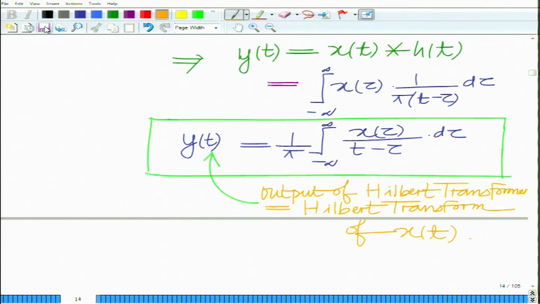Okay. This is basically the Hilbert transform of x of t. All right. So, we have looked at a few more interesting problems. We will stop this module here and continue with other aspects in the subsequent modules. Thank you very much.